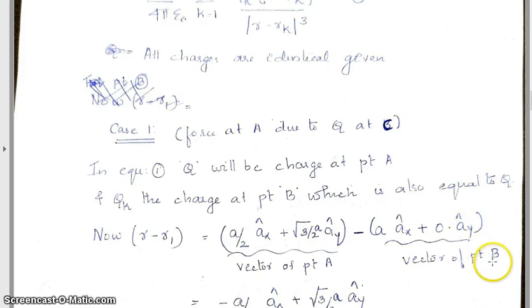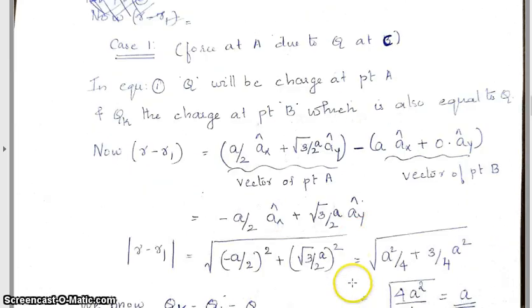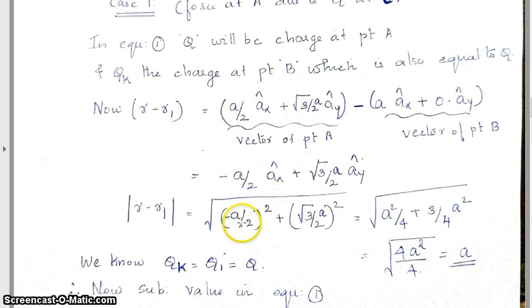Please make the correction here. It's vector of point C. Okay. Now that is equal to minus A by 2 AX plus root 3 by 2 AY. Then you can find the modulus, that is minus A by 2 the whole square plus root 3 by 2 into A the whole square. Finally you will get A.